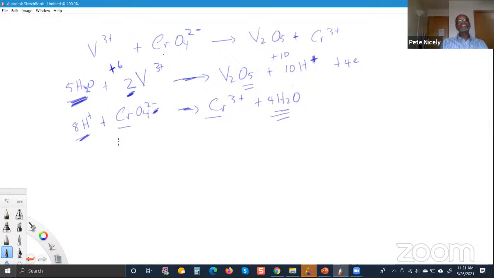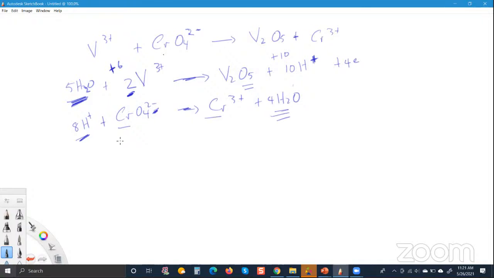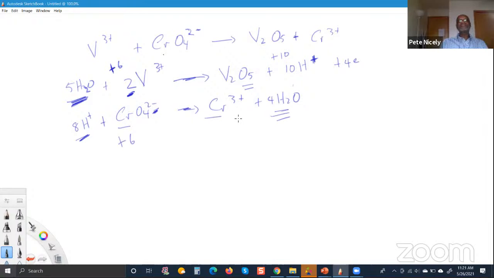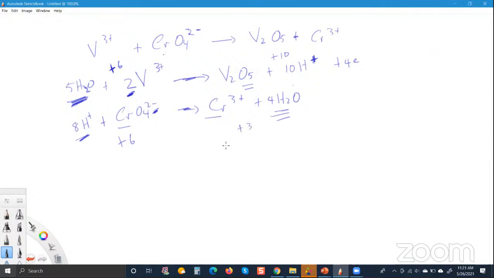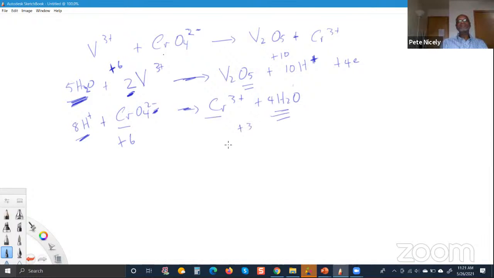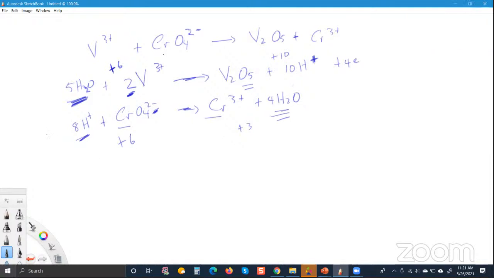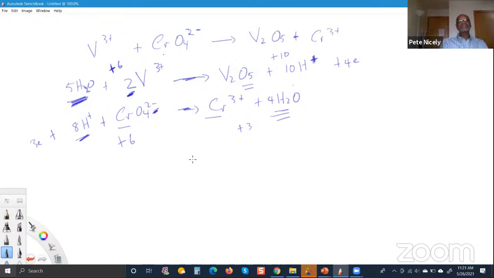So what's the total? Oh, you don't multiply that. -2 and 4. Okay, so that's 6. Yeah, +6. And what about this side? We have a total of +3, right? So to which side would you add electrons and how many? 3 electrons to the left side. Exactly. All right. So what do we do next?